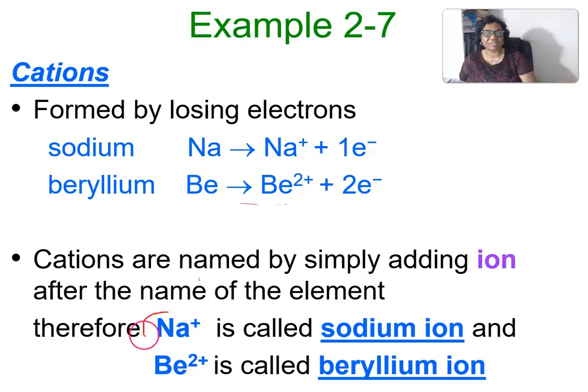So this is the sodium cation. It is called sodium ion. This is the beryllium cation. We simply call it beryllium ion. So that is how we name monoatomic anions and monoatomic cations.